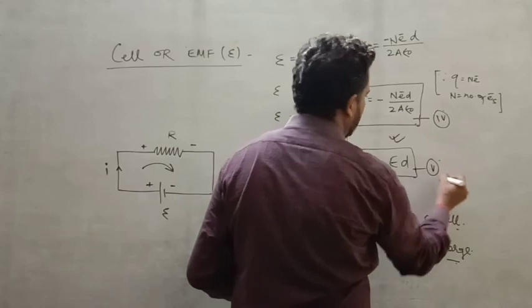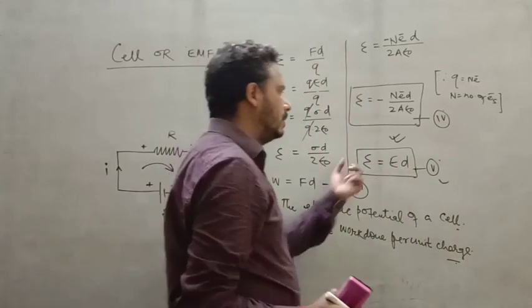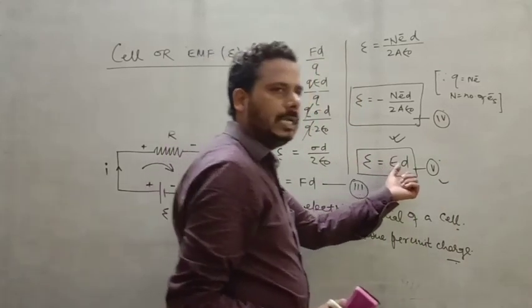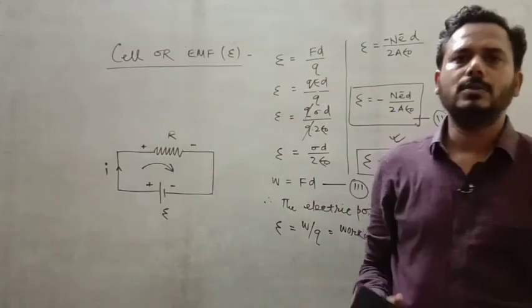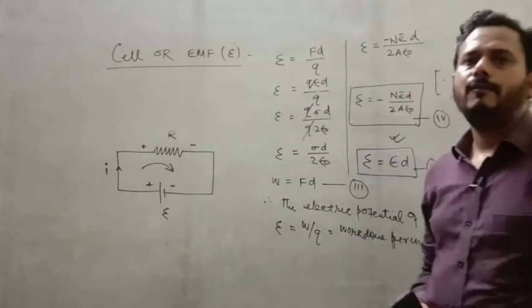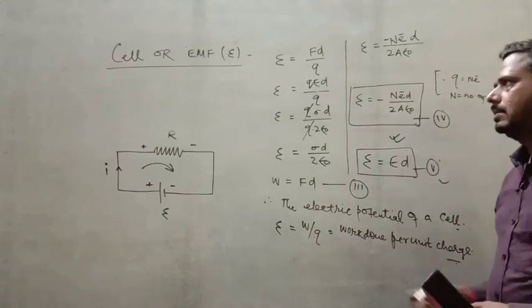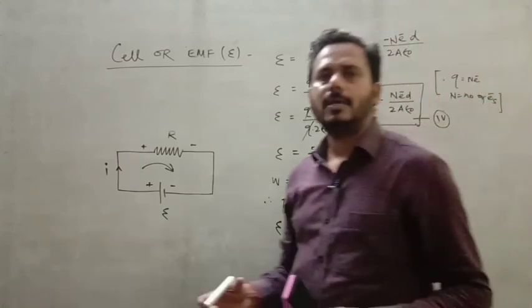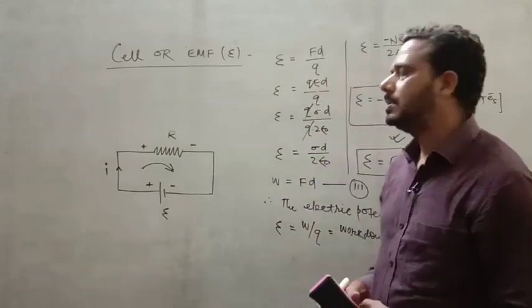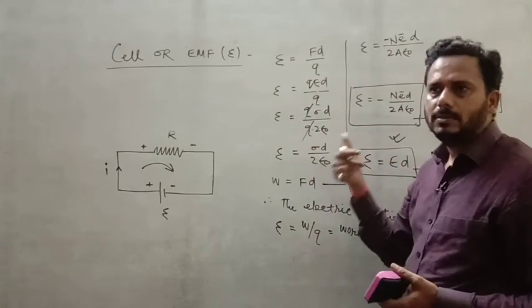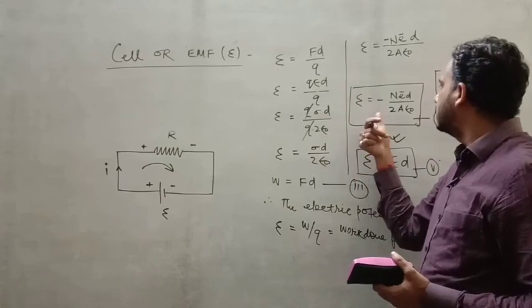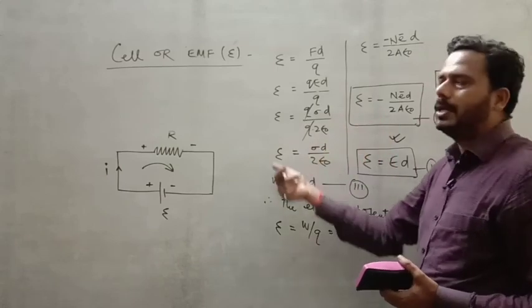So this is simple, potential V is equal to ED, and it is like that. Alright, that's why it is called EMF, electromotive force. Just keep in mind, this equation is very vital while you are solving problems in JEE or NEET.